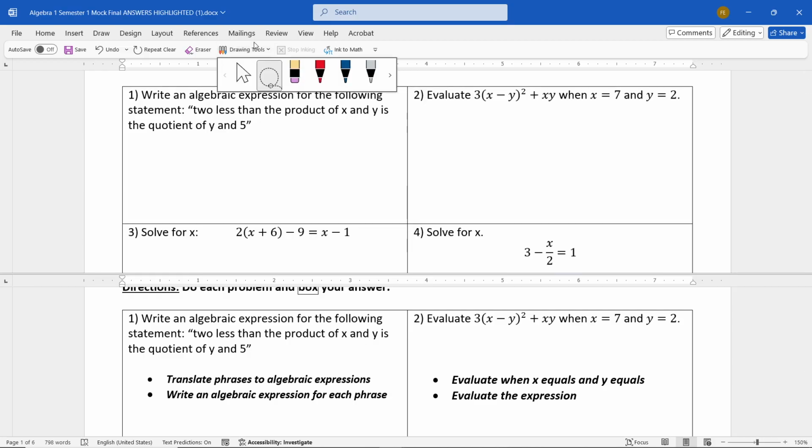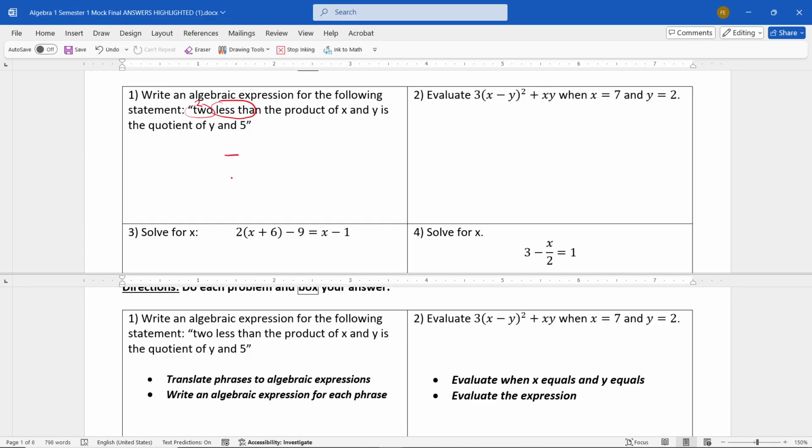Now for these kinds of problems, the first thing you need to do is know the different expressions and translations of the individual words. In this case, 2 by itself translates to the number 2. "Less than" in this case means something minus.